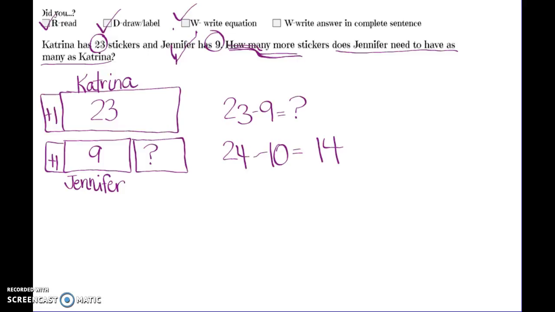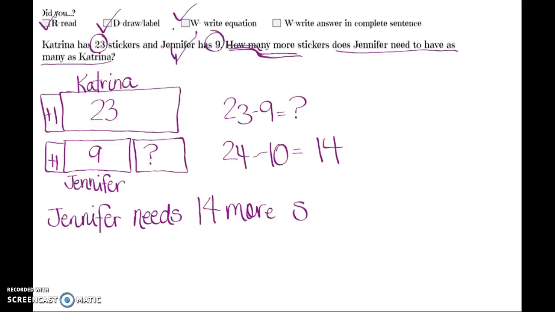So my complete sentence is, and you need to write this also, Jennifer needs 14 more stickers to have the same number as Katrina.